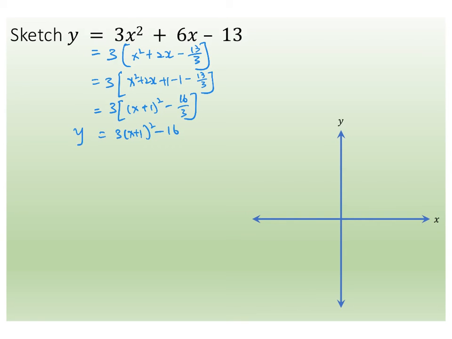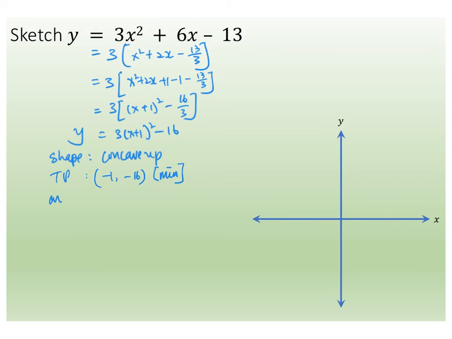Alright, here you know that the shape is concave up, because 3 is positive. Next bit, turning point, is actually minus 1, minus 16. You know that because it's concave up, this is a minimum.